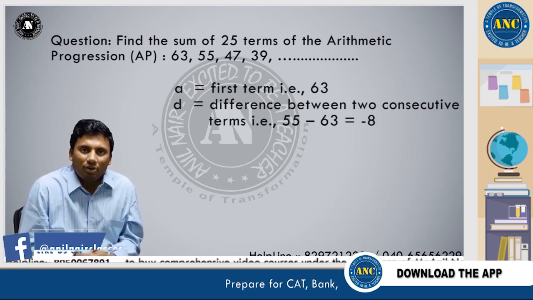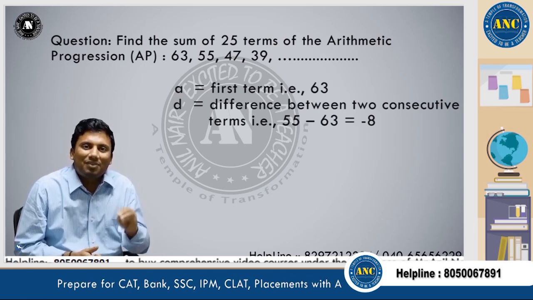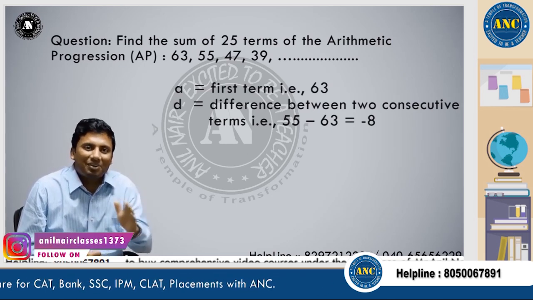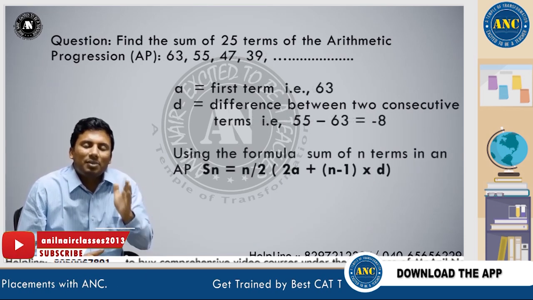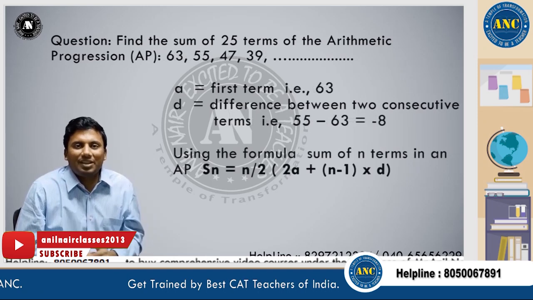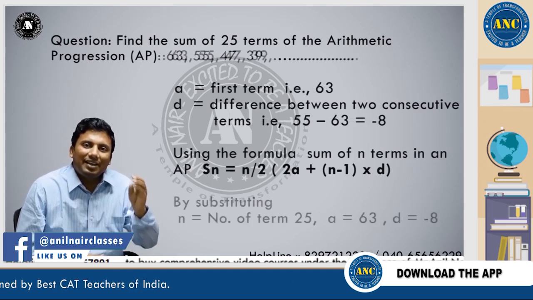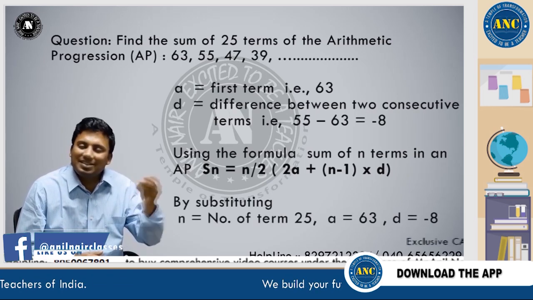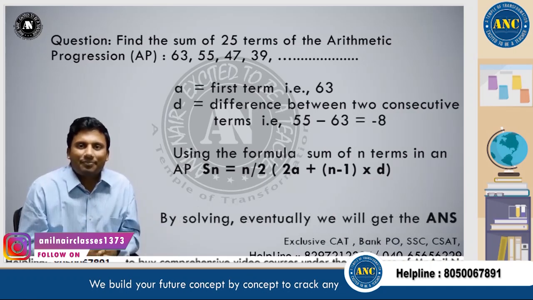We know that the sum of n terms in arithmetic progression is given by n by 2 into 2a plus n minus 1 into d. N, the number of terms for which we require the sum, is 25, a is 63, d is minus 8. Put it in the formula, you will get the answer.